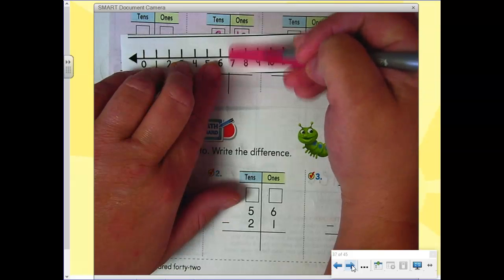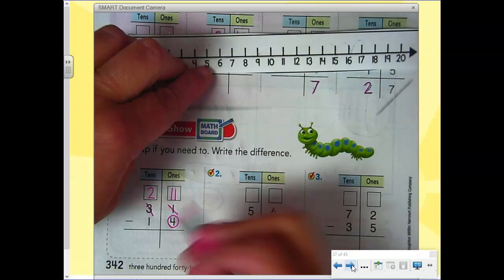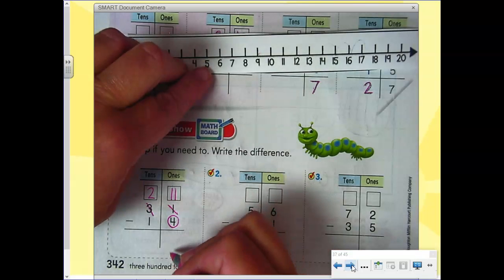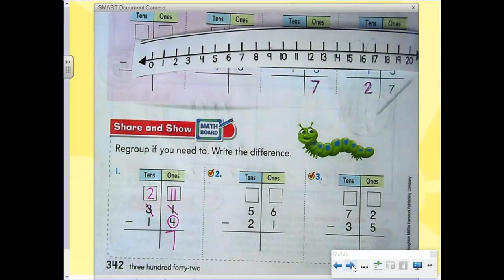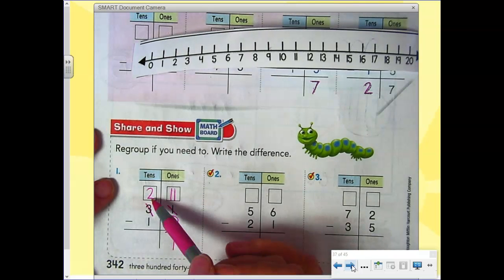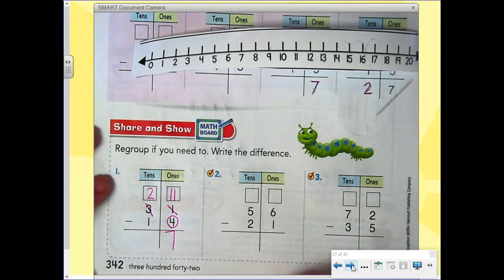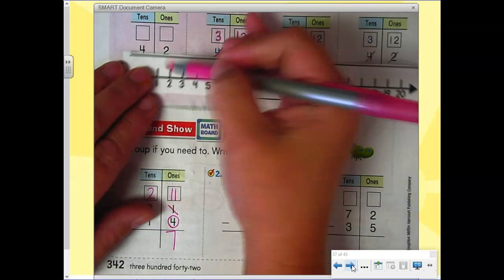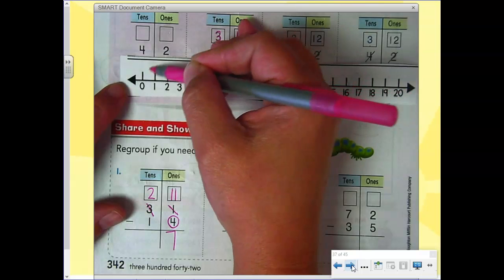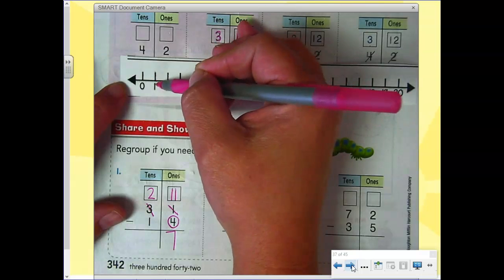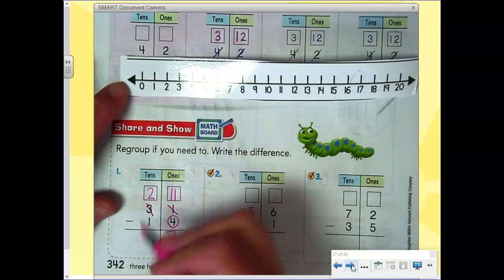My answer is 7. Then I go to my tens place. I have 2 minus 1 more. So 2, hop back 1. What's my answer? 1.